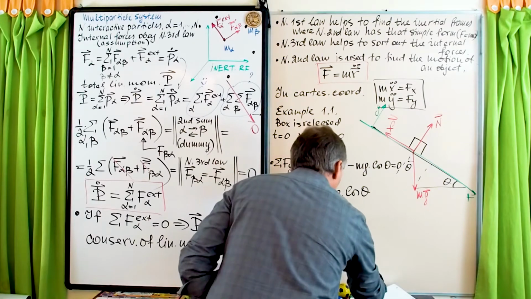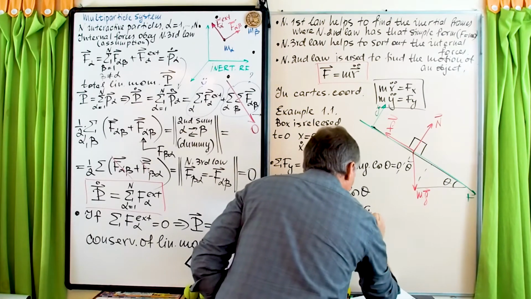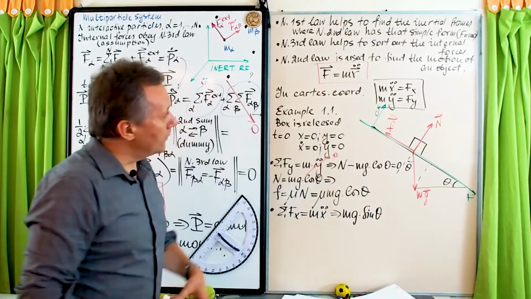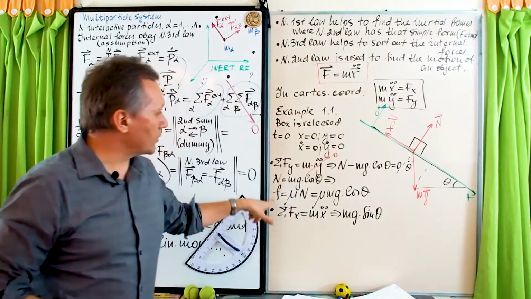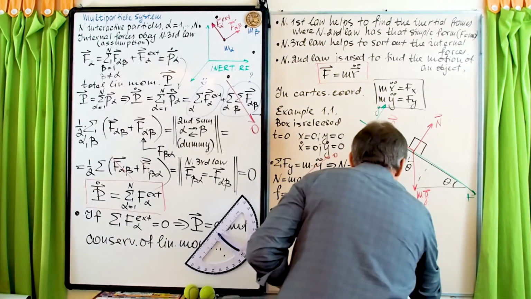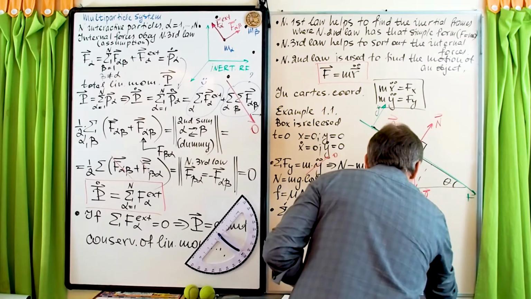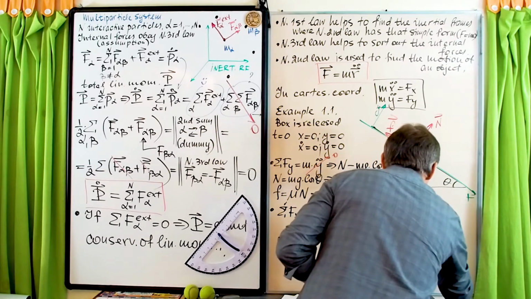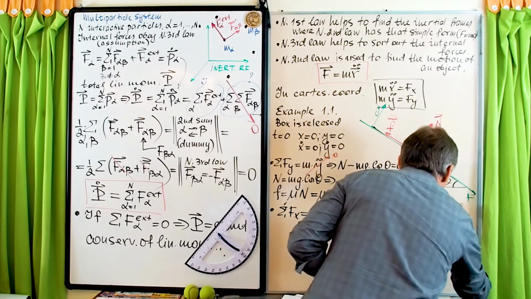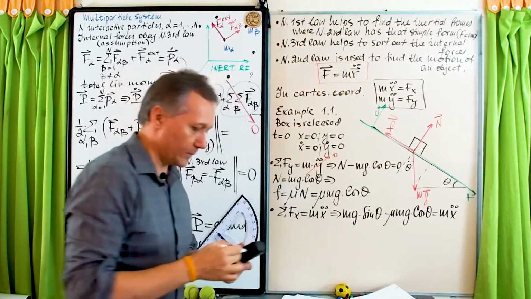So it will be mg sine theta. Friction force, of course, is in the opposite direction, so it will be minus mu mg cosine theta equals m x double dot.